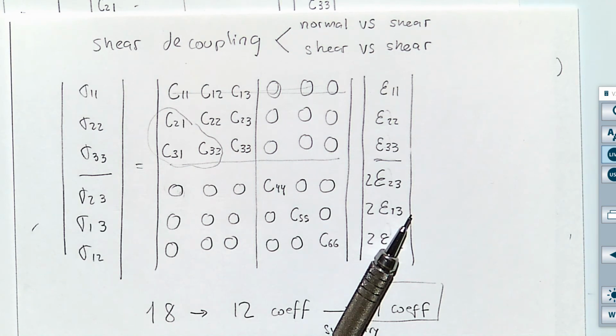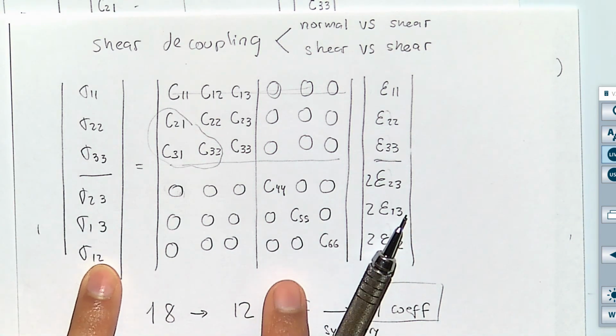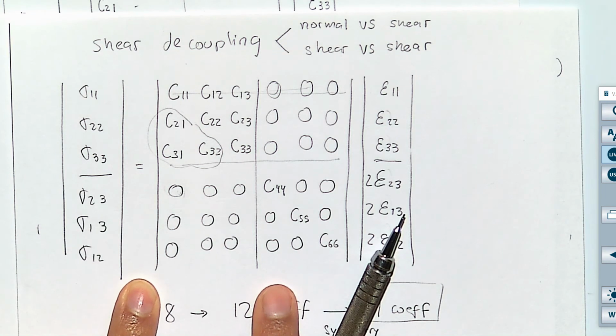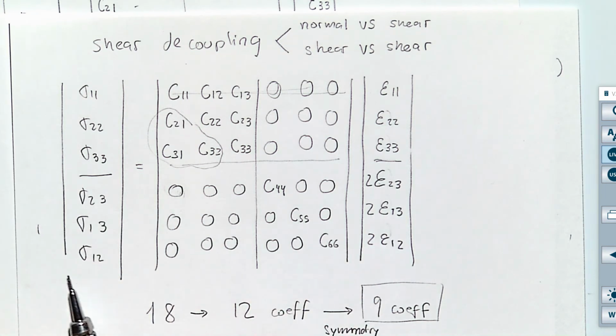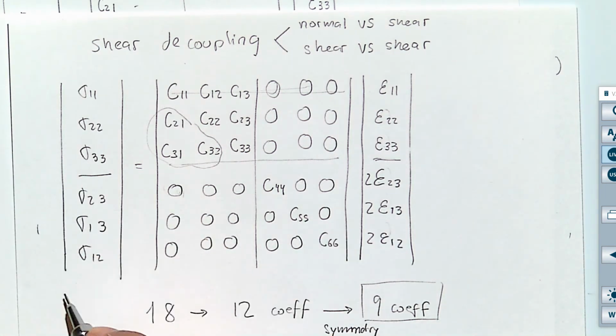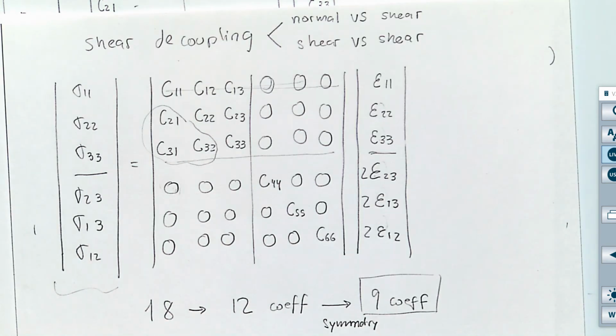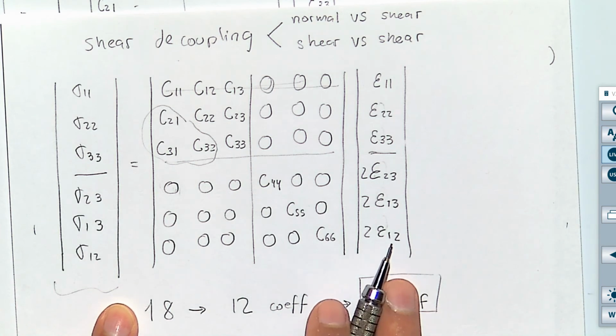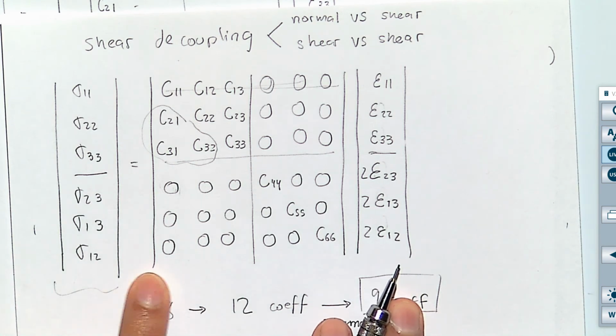They are interrelated. We're going to see later on that we can switch the order of this matrix so that given a set of stresses, we can calculate the resulting strains, or as we have it right here, given a set of strains, we can calculate the resulting stresses.